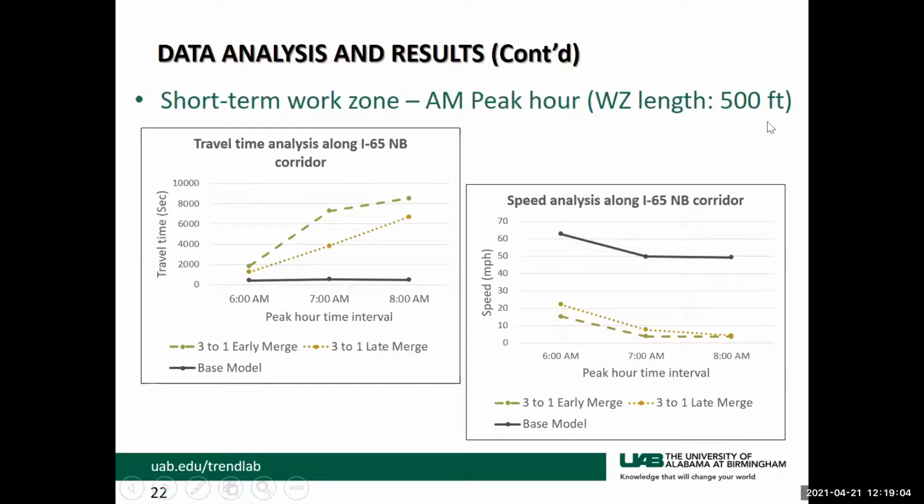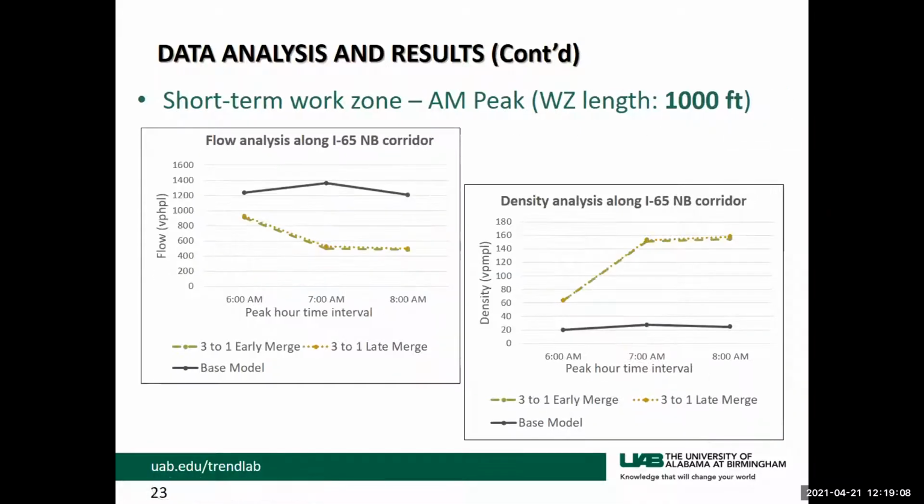So these results focused on the 500 feet work zone. For the AM, we looked also at 1,000 feet work zones and then 1,500 feet. And what we observed is that as the length of the work zone increased, those slight benefits of the late merge did not remain relevant.